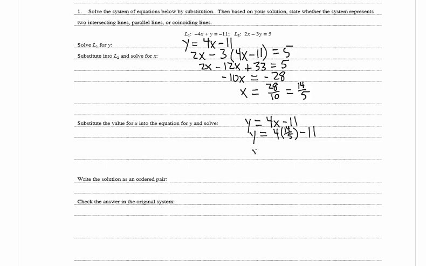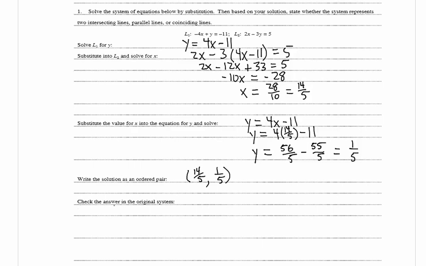So y is equal to 4 times 14 over 5, which is 56 over 5, and we can rewrite 11 as 55 over 5. So now we have 56 over 5 minus 55 over 5, and this is equal to 1/5. Now they want us to write the solution as an ordered pair. So our x value was 14/5, and our y value was 1/5.